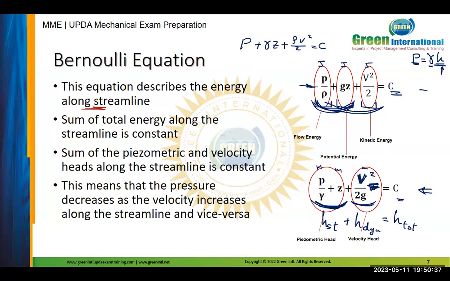Euler's equation is one of the equations that describes the energy, same like Bernoulli, but Bernoulli is normally used for a long streamline. And actually the problem in the exam comes related to Bernoulli because it is easy for substitution and so on, with no directions affecting the problem.